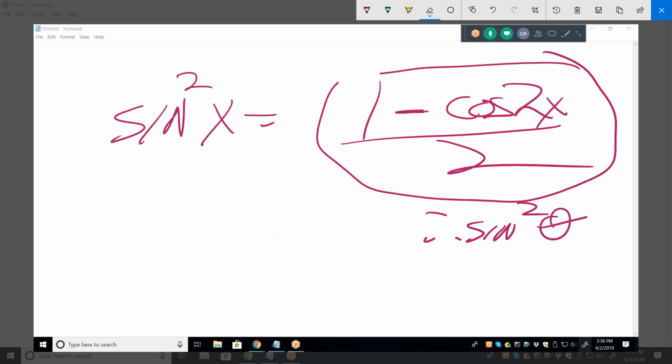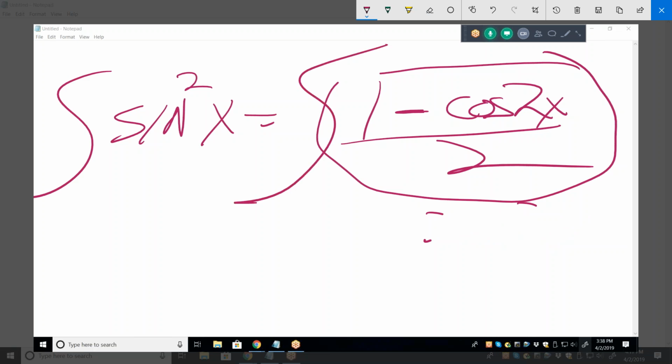Why? Because when you get to calculus, you can't integrate this, and you can easily integrate that. So it becomes a very valuable tool in calculus. Yes, sir. Not so much for precalculus. And it's not really this one you need to memorize. As long as you have your double angle formula memorized, you can always work this one out.